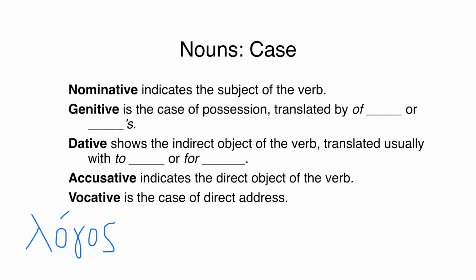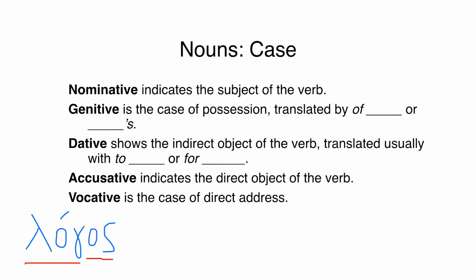Now, in this spelling of the word, we see 2 major parts: what we call the stem and what we call the ending. 2 major parts that communicate information. The stem tells us what word we're looking at. It's logos.